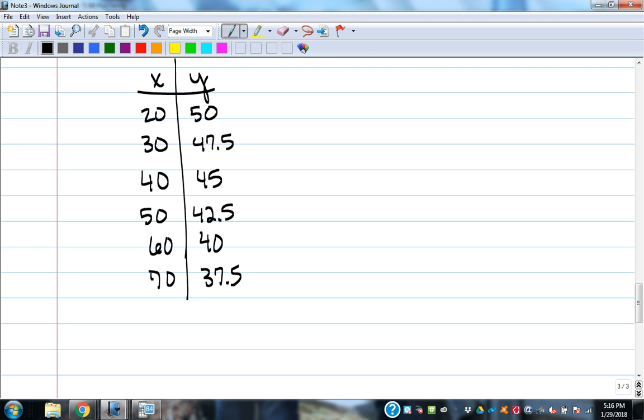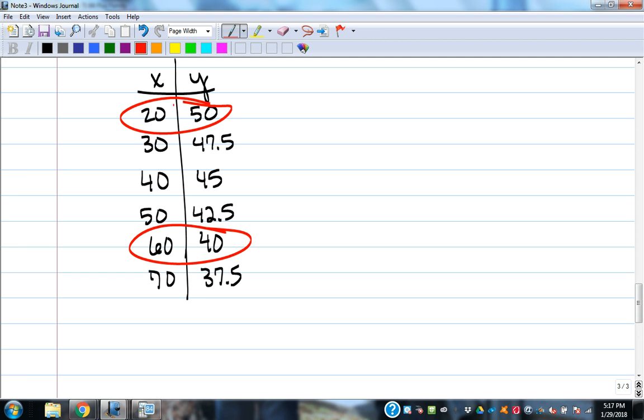The way you want to do a linear model is you just need to pick two ordered pairs to find the slope between. I want to pick easy numbers, right? If I pick (20, 50) and (60, 40), the math's pretty easy because they all end with zeros.